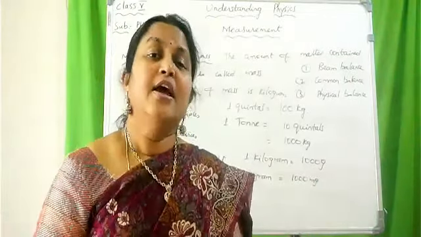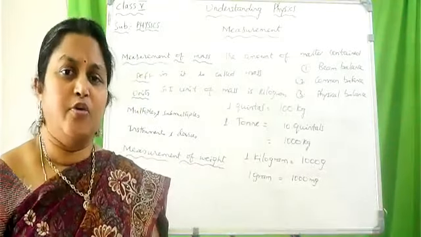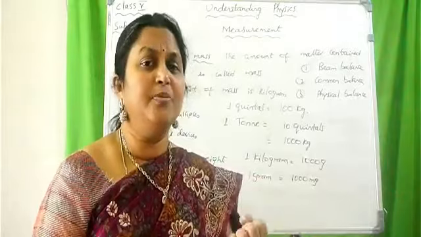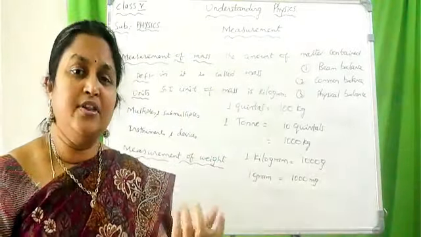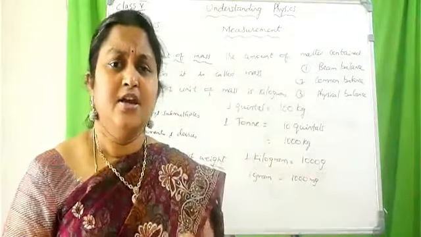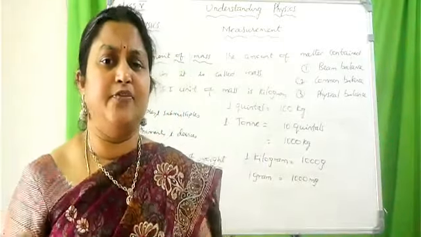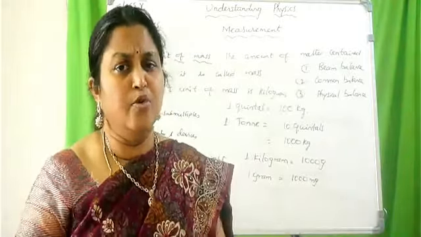The weight depends upon the force of gravity on an object. Whatever object you take, the force of gravity acting on that object determines its weight. The force of gravity changes from place to place. Suppose the gravitational attraction is different here and different in another place. If there is more gravitational force of attraction, it will have more weight.